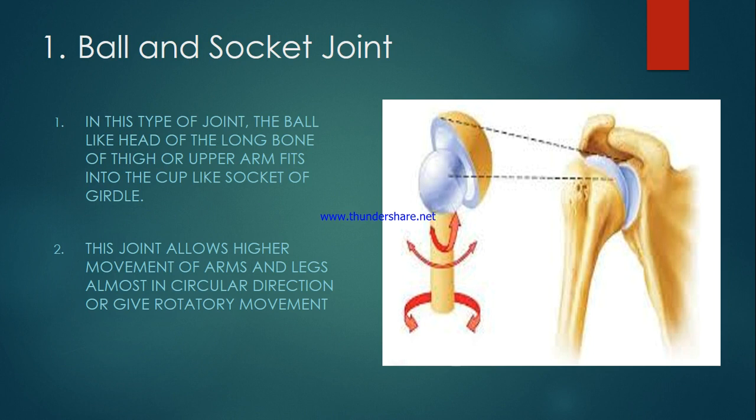The most important example of ball and socket joint is the joint of shoulder, in which the humerus bone is attached to the socket of girdle. Another example of ball and socket joint is the joint found in thigh.